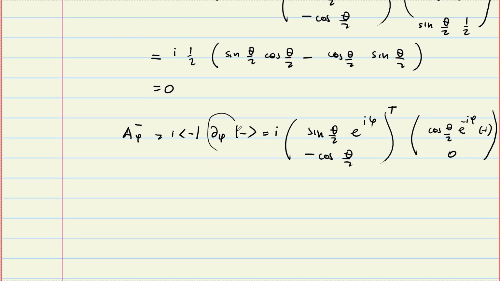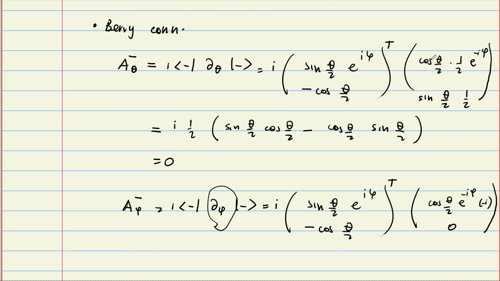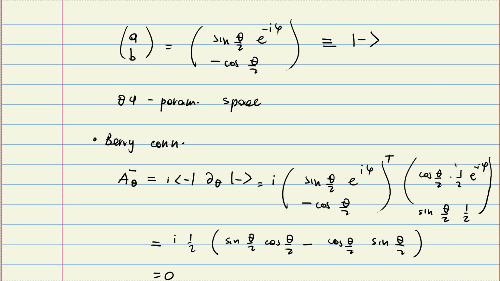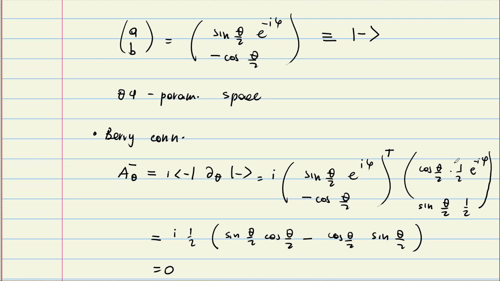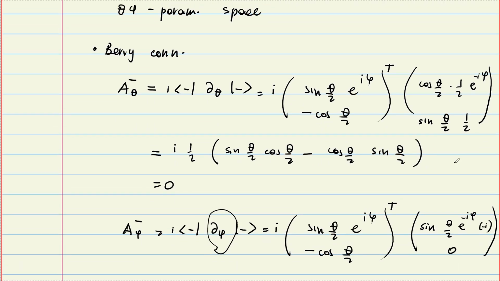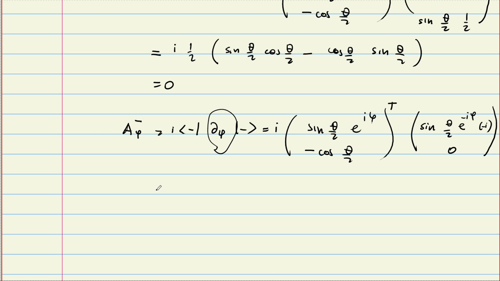But I'm taking the derivative with respect to phi. There is no phi there, right? Oh yes, it is. Yes, you're right. This is sine theta over 2 e to the minus i phi minus i. Yes, thank you. And if you take the product, this minus i is going to cancel this i. So this is going to be sine squared theta over 2. Let me check that. Yes, that's correct.